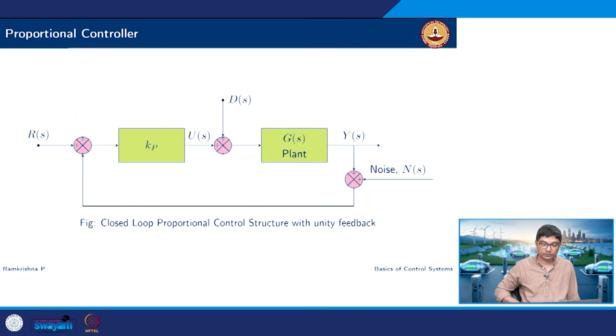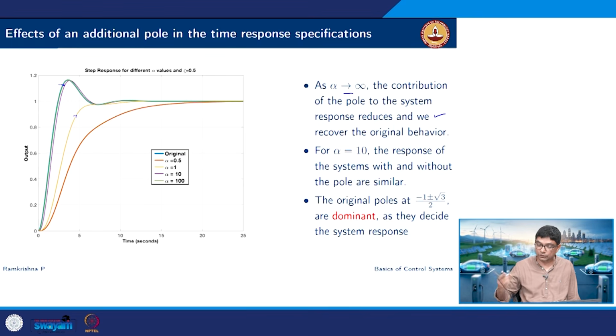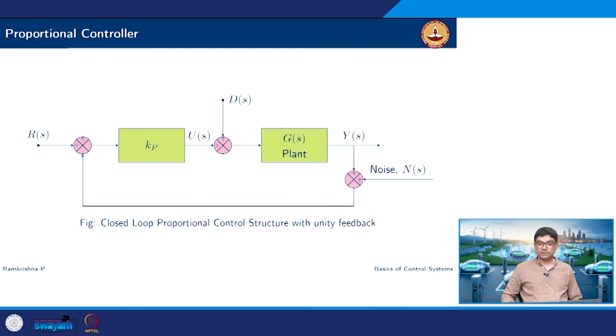To summarize, we have the original plot, and then as alpha gets closer and closer to the origin, the response shifts. For example, for alpha equal to 0.5, we would actually see an underdamped response.